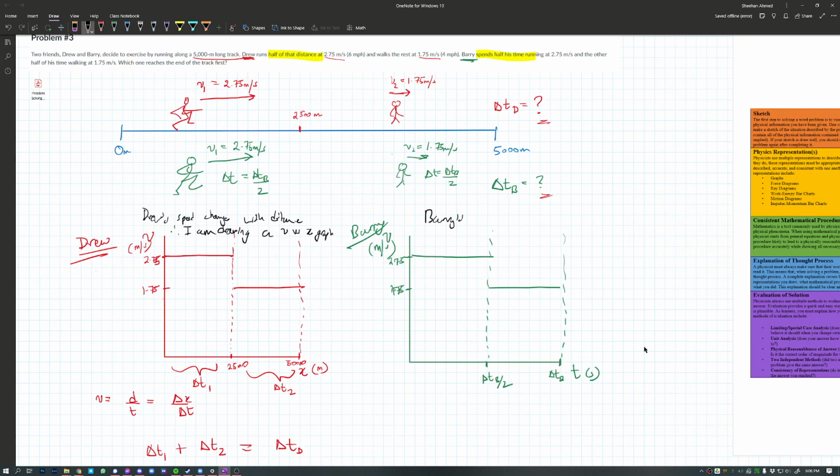Barry's velocity changes with time. Therefore, I am drawing a velocity versus time graph. See, there you go. The things I was saying out loud, well, again, I'm not watching you do the problem. I'm not probing your brain like Professor X while you're doing the problem. You have to show me your thought process.